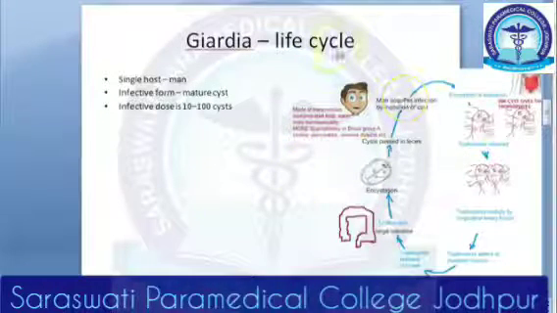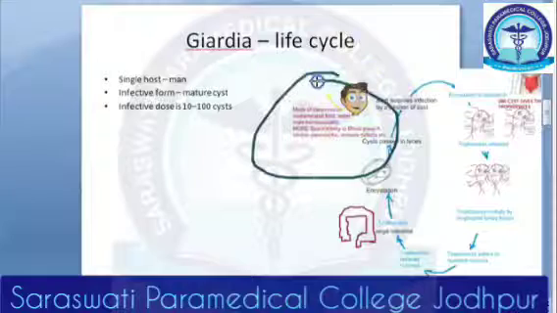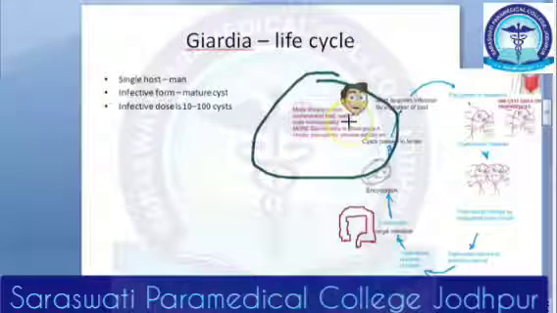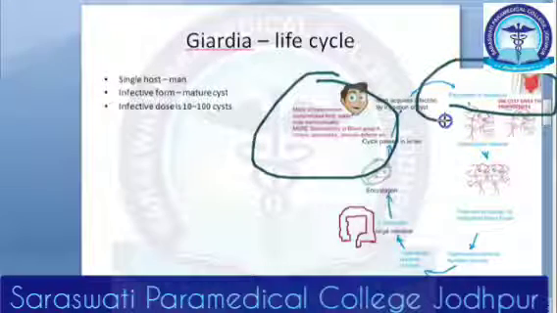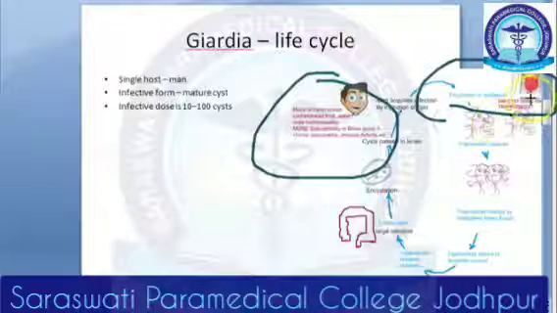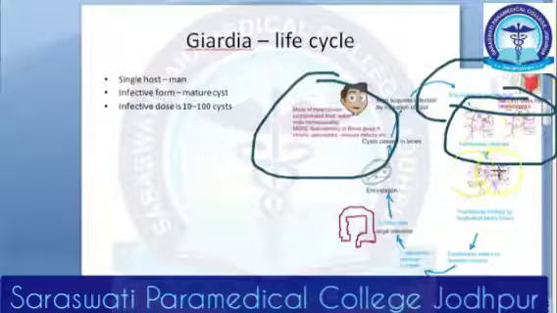Man gets infected by contaminated food, homosexuality, etc. Some people are extra susceptible if they have blood group A. So if you have blood group A, you are extra susceptible to giardiasis. Now in the small intestine, what happens? It will get excysted, that will come out of the cyst, and one cyst will give 2 trophozoites.